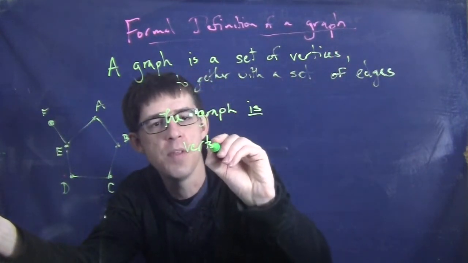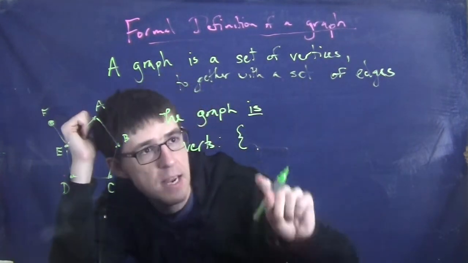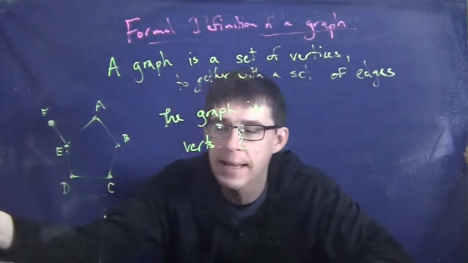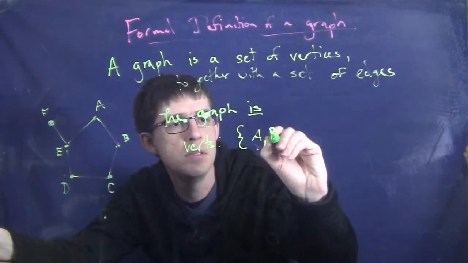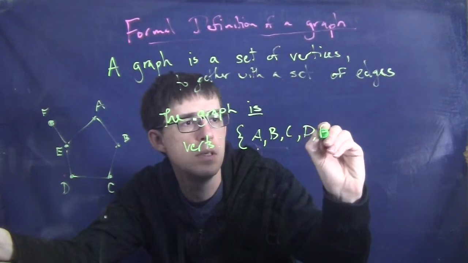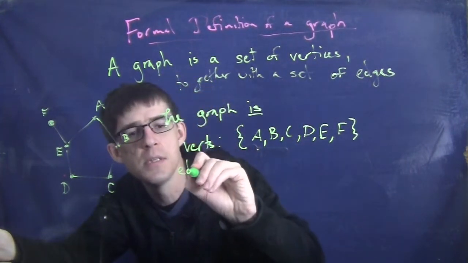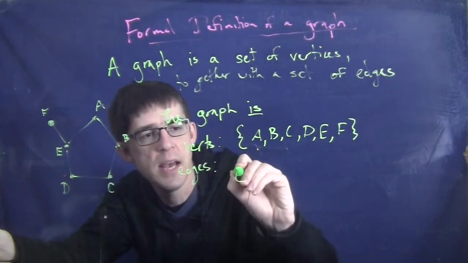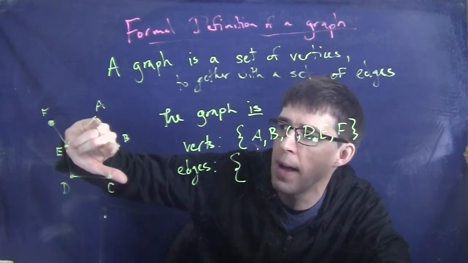And we write it this way. As a set in mathematics, when we write a set, you use this curly bracket here. And I'm just going to write out what the vertices are. They are A, B, C, D, E, F. Those are the vertices. And then the edges are another set, only this time I'm going to indicate them as pairs.